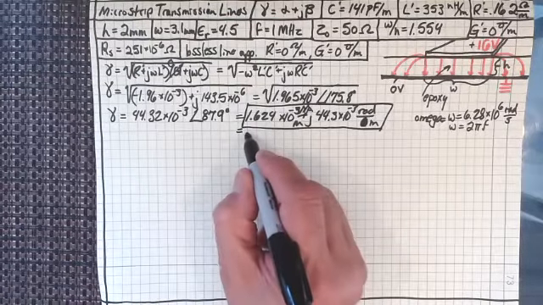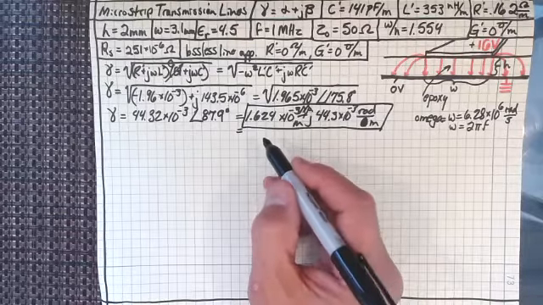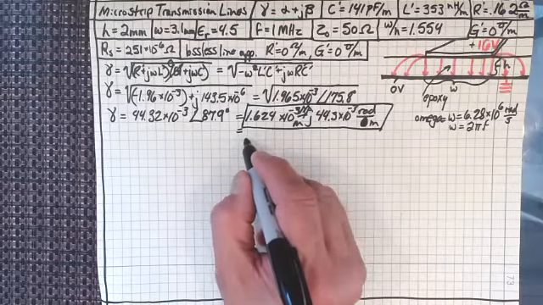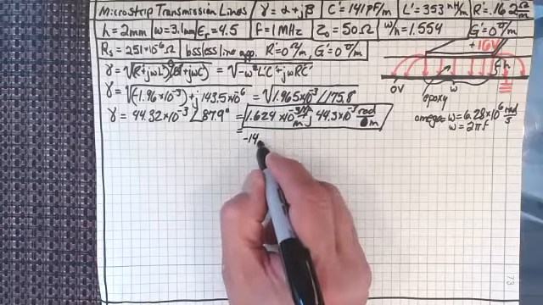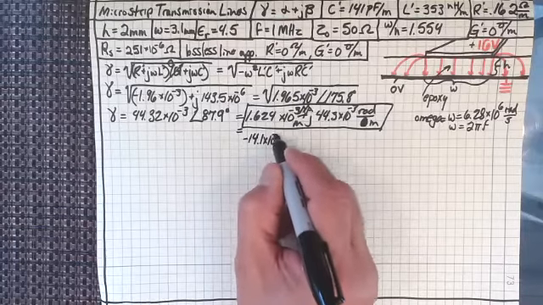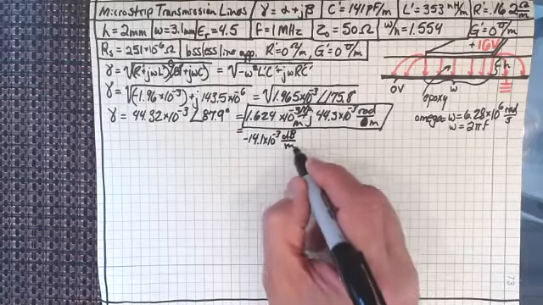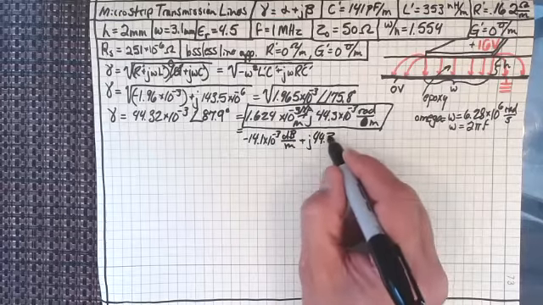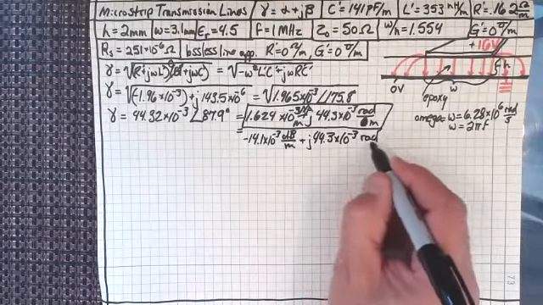But if I change this into decibels via the minus 8.68 decibels per neper, then this would be minus 14.1 times 10 to the minus 3 decibels per meter plus J 44.3 times 10 to the minus 3 radians per meter.